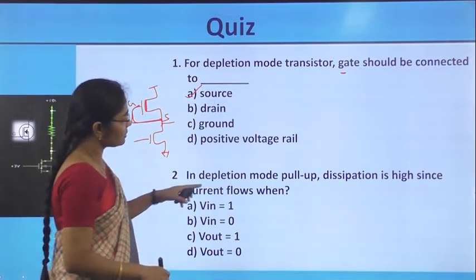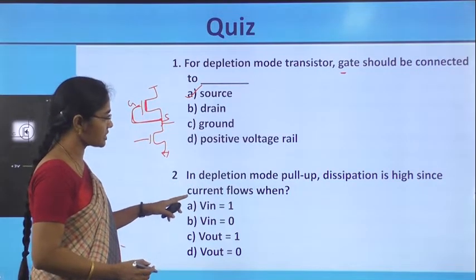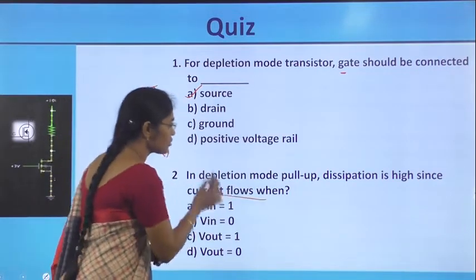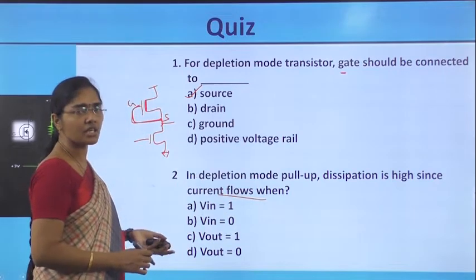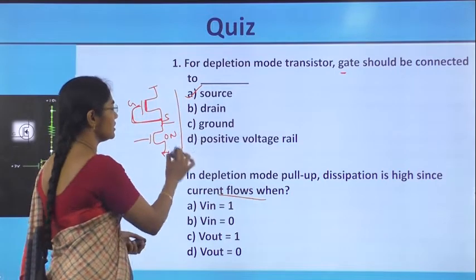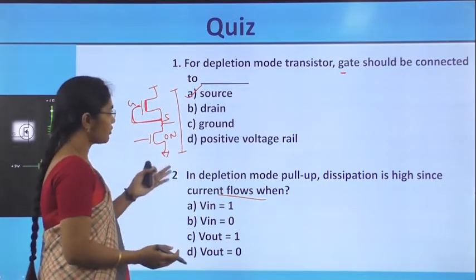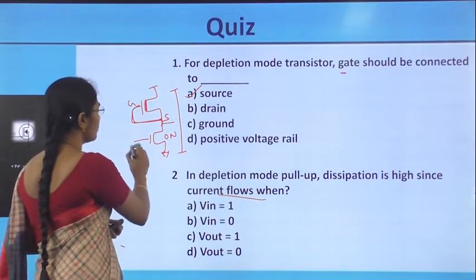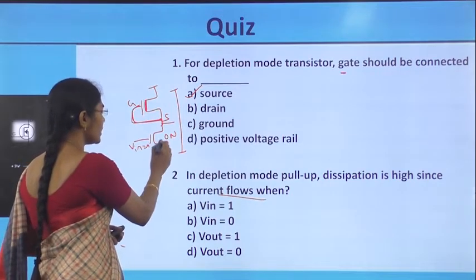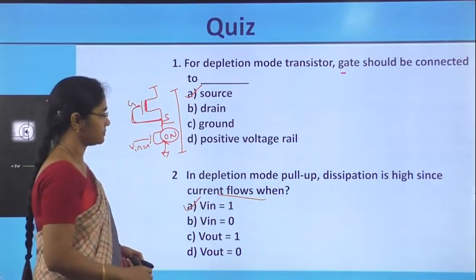Then in depletion mode pull up, is dissipation high? Yes, dissipation is high, since current flows when the pull down is on, since a static path exists between the two rails. Therefore current is high when Vin is equal to 1 and this transistor is on.